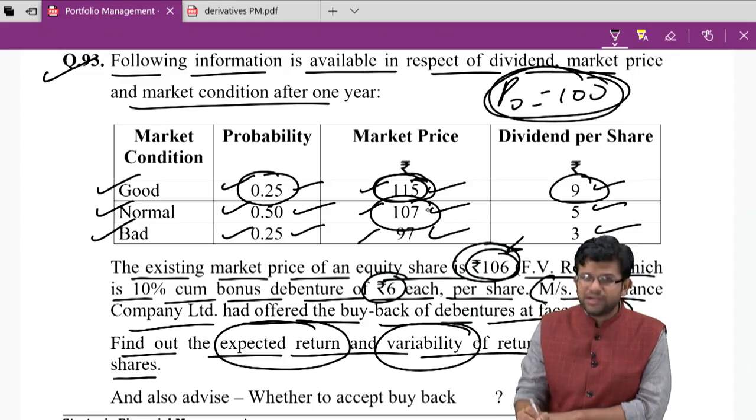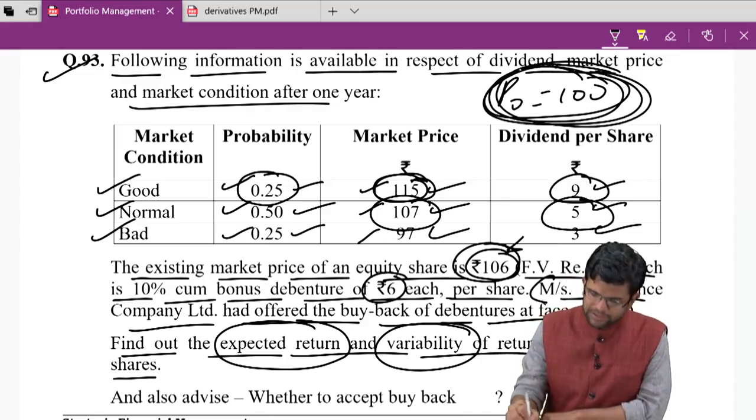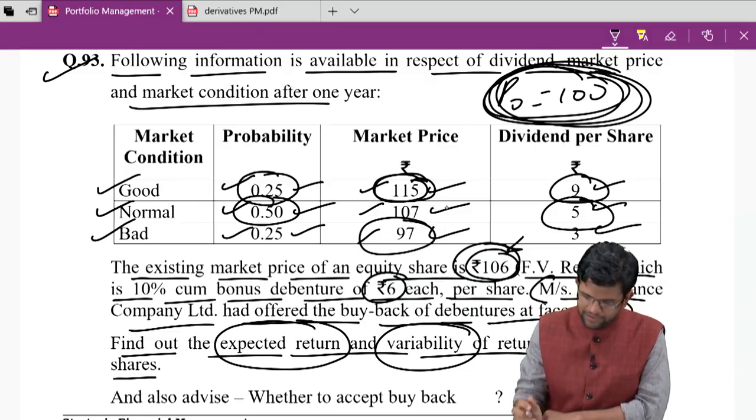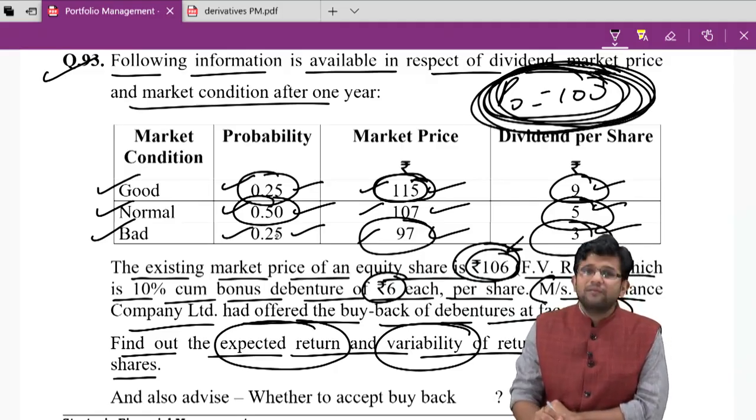Then P1, that is 107, minus P0 100, plus D1 5, upon P0 into 100 will give you the other possibility of X with a probability of 0.5. Next P1, that is 97, minus P0, that is 100, plus D1 3, the whole upon P0 into 100 will give you the other possibility of X whose probability is 0.25.